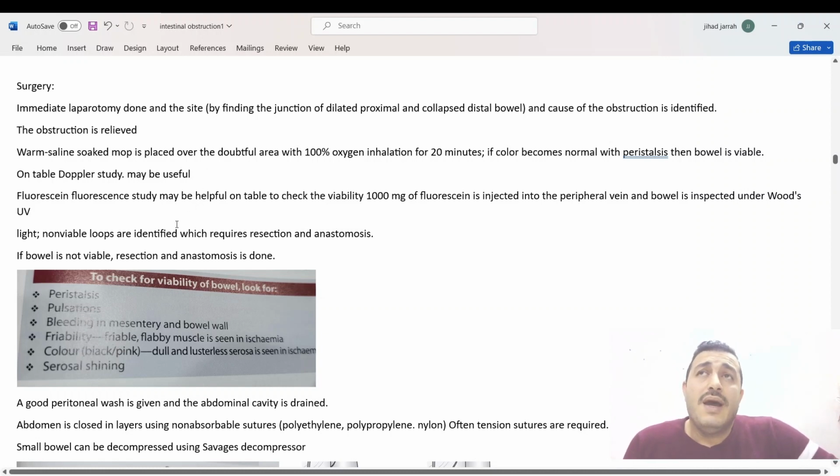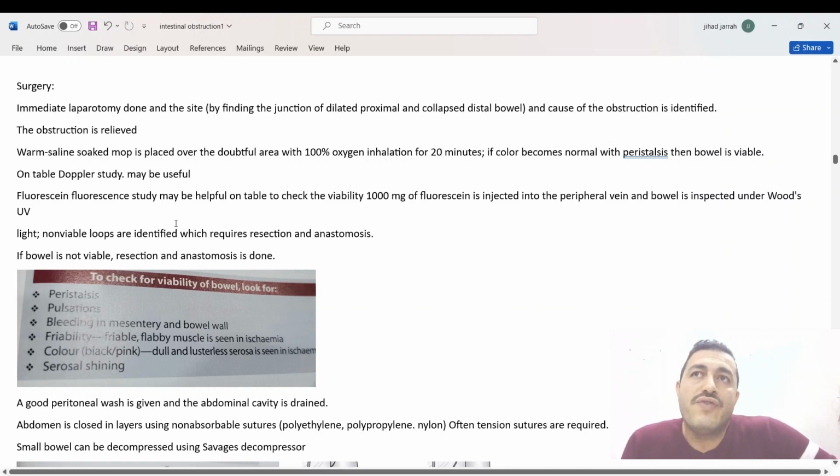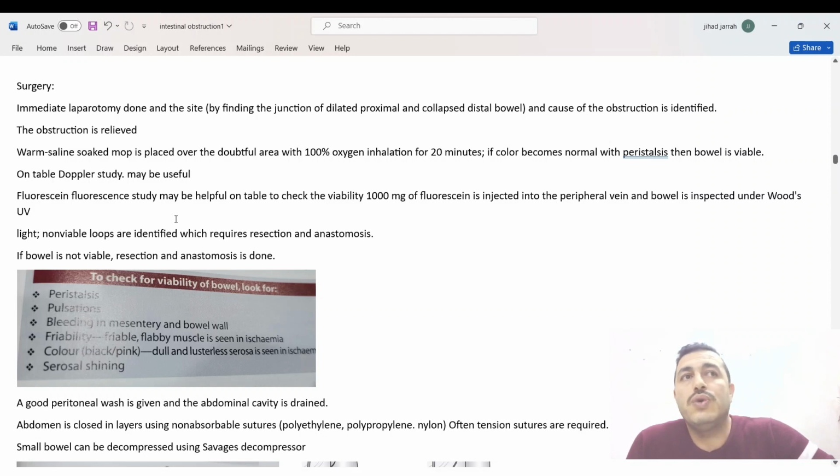And I advise you to see, it's discussed well, the viability of the bowel in the lectures, in the stoma lecture. We have 4 or 5 techniques to check the viability of the bowel. Should we proceed for anastomosis, or should we resect, or should we bring a stoma?